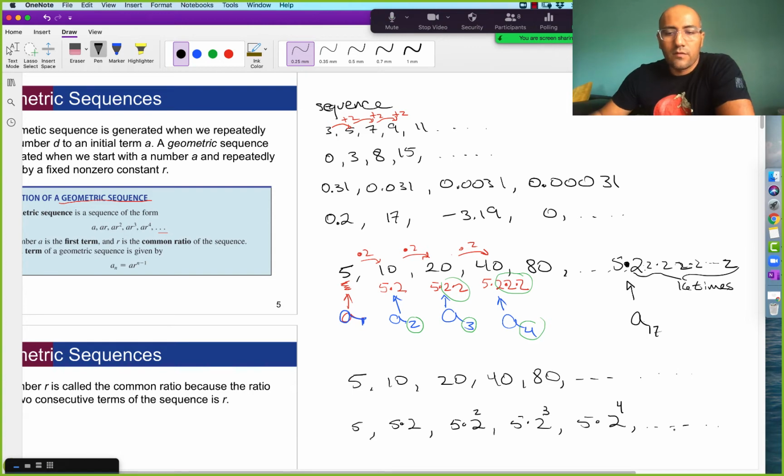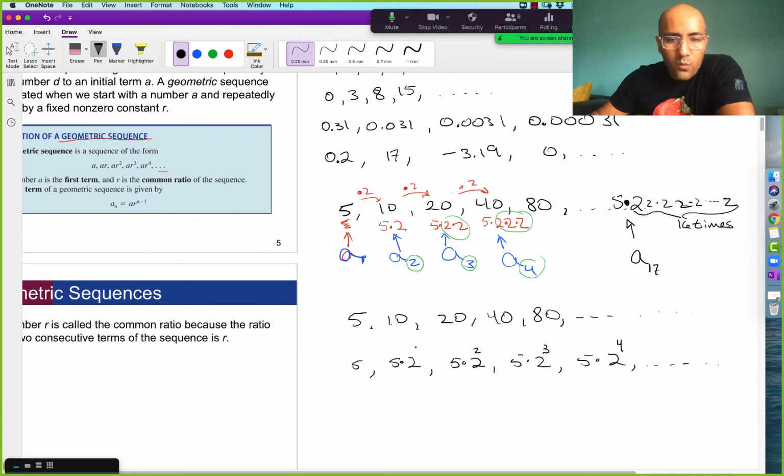Good. And again, if we put a little 1 there, and then we think about its location on the list: the first number on the list, the second number, the third number, the fourth number, the fifth number. So what I was pointing out over here is that the little exponent on my number 2 is always 1 less than its location.